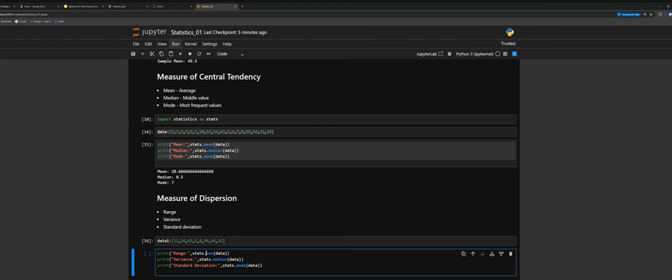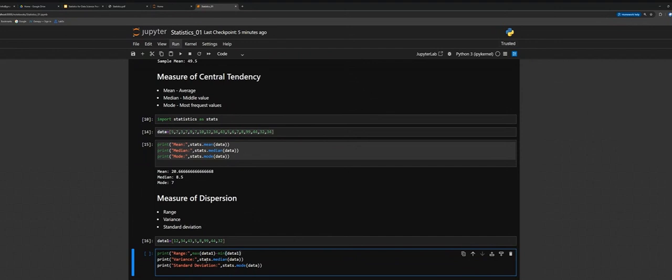Range is equal to, so there is a different formula here. What is the formula? We have to take the max data. In this block, what is the maximum data? We know 99, but what if we have 100 data points? You have to go through all of them, which will be very time consuming. So simply we can say max of data1 minus minimum of data1.